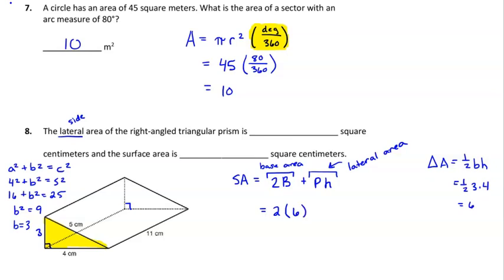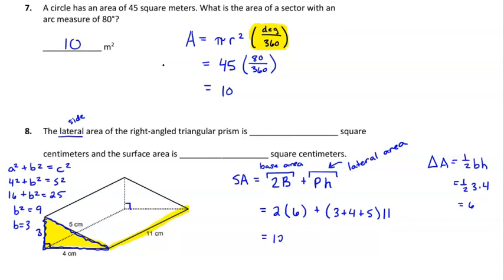So we've got 2 times 6 plus the perimeter of the base. So that's when we add these 3 together. So the perimeter of our base is going to be 3 plus 4 plus 5, and then times h. Now remember, this is the height of our prism. Because this is the base, this has to be the height. So our height is going to be 11.